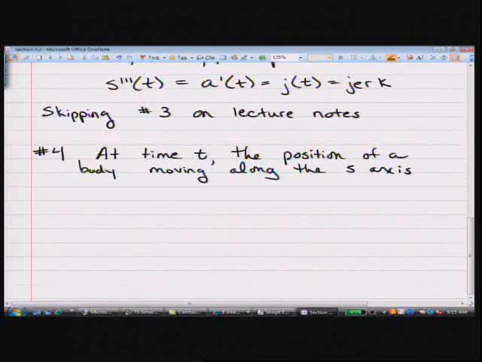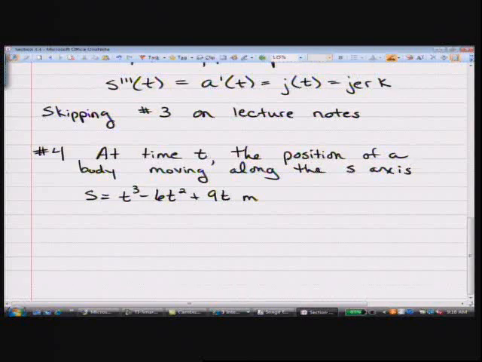And the time is not even in 2 dimensions. It's just one. S is equal to t cubed minus 6t squared plus 9t. All right? And we're asked to find the body's acceleration at each time the velocity is 0. That's the first question. So part A, find the body's acceleration each time the velocity is 0.